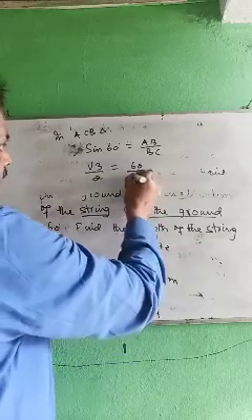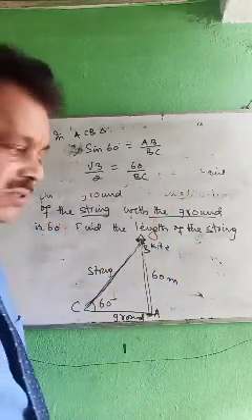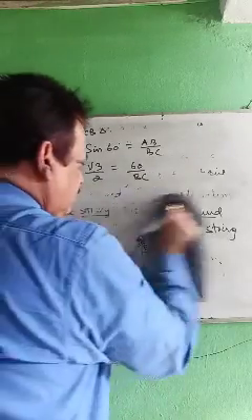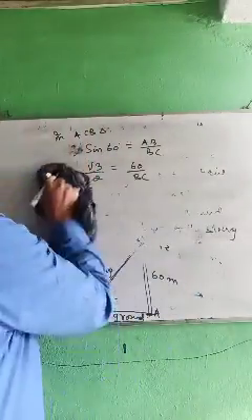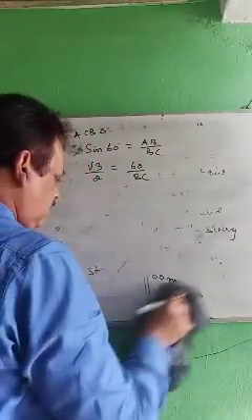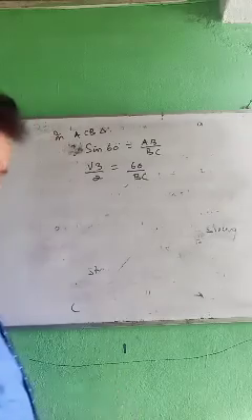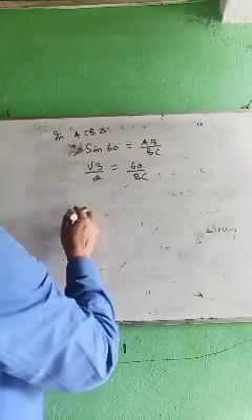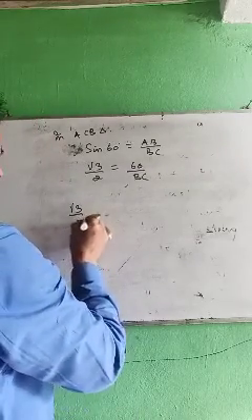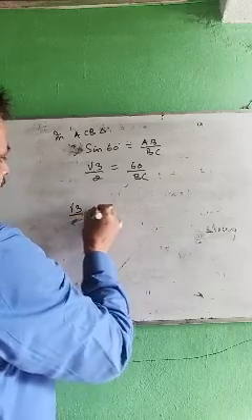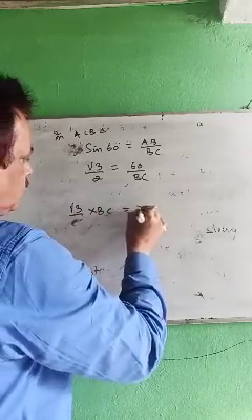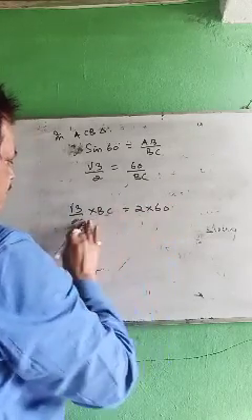BC is not given, so do cross multiplication. So √3 into BC is 2 into 60.